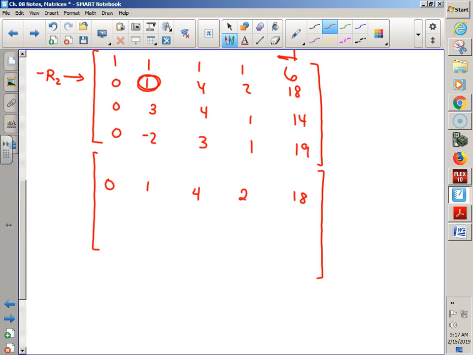How do I use that 1 to get zeros? I multiply row 2 in every single one of these by the opposite of what I need to eliminate. So what's the opposite of 1? -1 to get my new row 1. What's the opposite of 3? -3 to get my row 3. What's the opposite of -2? +2 to get my row 4. Pause.